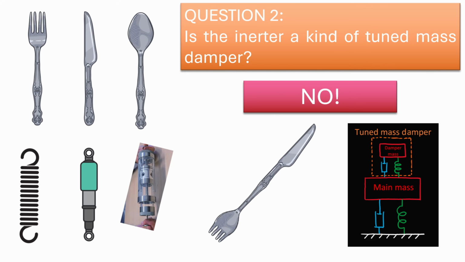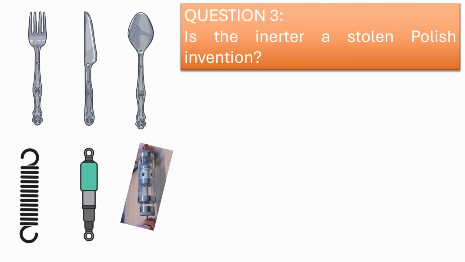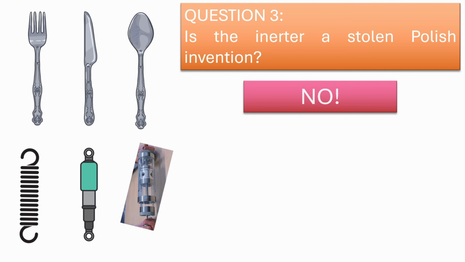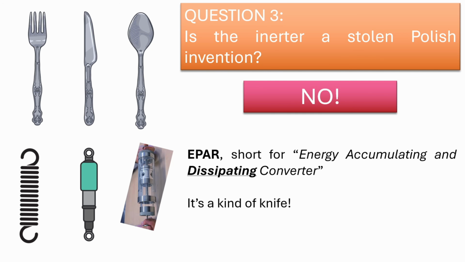It has many drawbacks. The third question: is the Inerter a stolen Polish invention? Again, no. There is a narrative in Poland claiming that the Inerter is essentially the same as a device invented earlier by a Polish engineer called the EPAR, which is short for Energy Accumulating and Dissipating Converter.